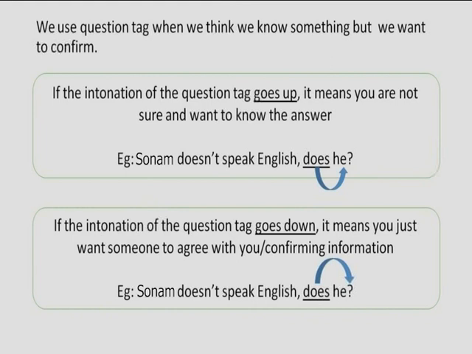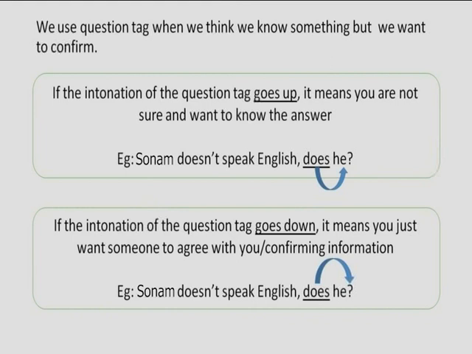See, if the intonation of the question tag goes up, are you getting me? It means you are not sure and you want to know the answer. So, in such cases, your intonation should go up.